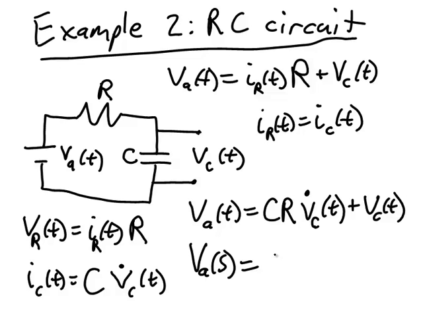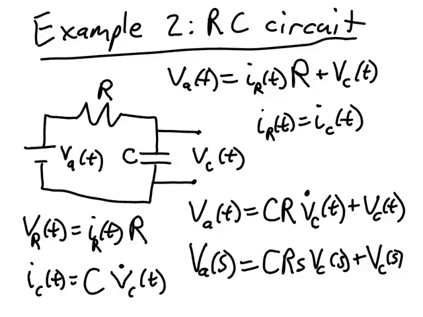This next term becomes CRS times VC of s. I have an s here because we've taken the first derivative of VC. Here, there is no derivative being taken, so this simply becomes VC of s. Once again, we're assuming here that all of the initial conditions are equal to 0.